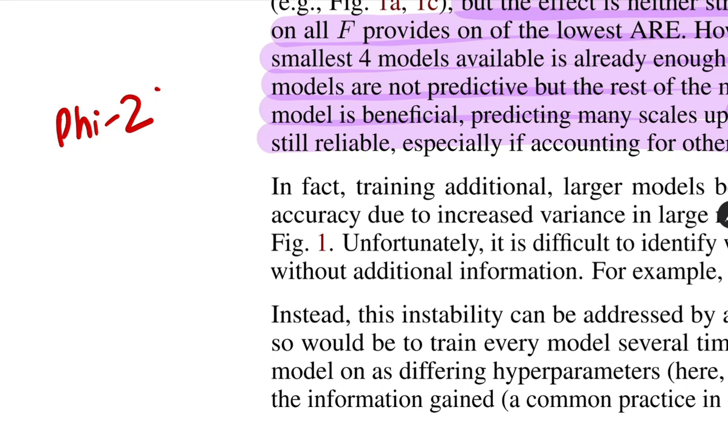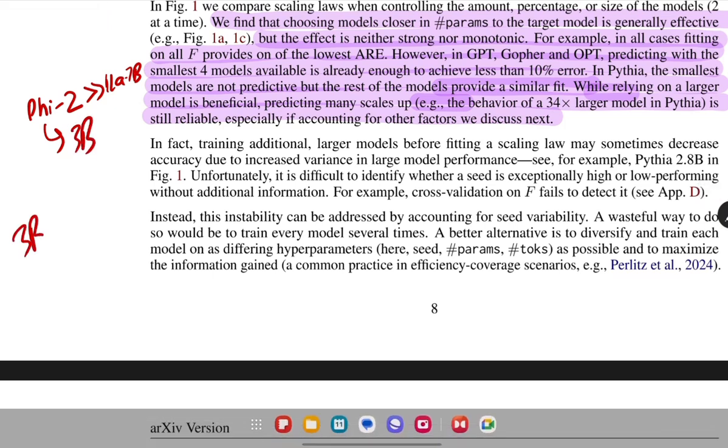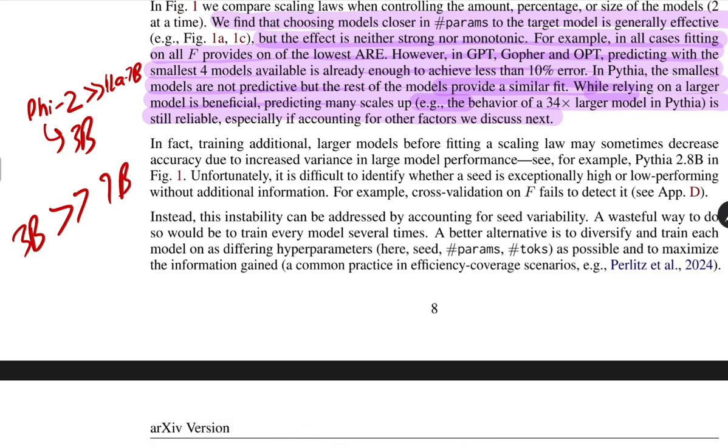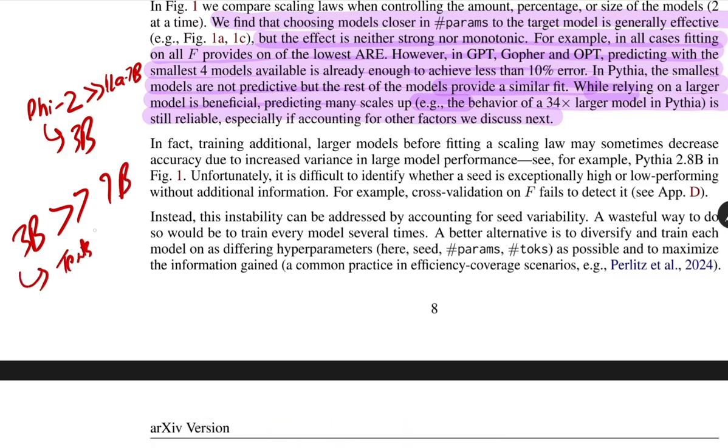And believe me guys, it was outperforming Llama, I think it was 7 billion, yeah, 7 billion. And Phi-2 was a very small model, a 3 billion model. And at that point, 2 years back, a 3 billion model outperforming a 7 billion model was a big thing. And the paper name was Textbooks Are All You Need.